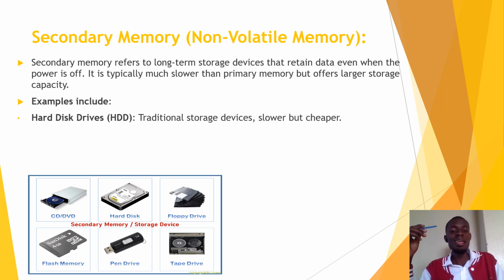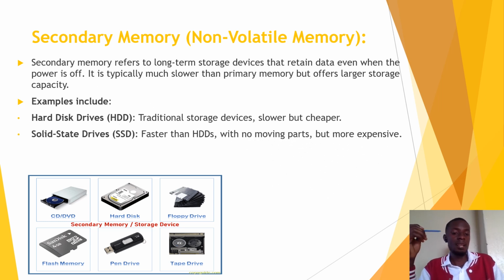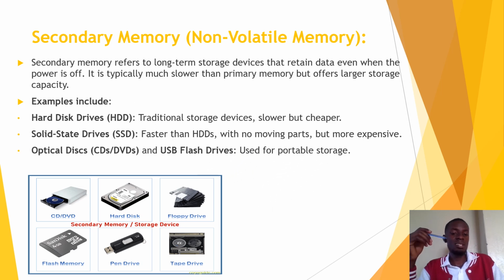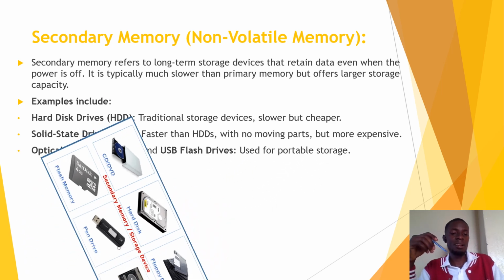So these ones are mostly favorable if you want to store the data permanently, and storing sensitive information, because it is not easily lost even when the power goes off. So these are the examples, and you can look at them in the figure below.